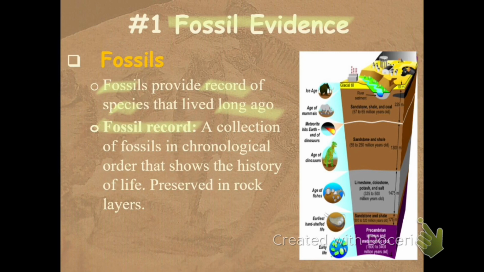The fossil record is a collection of fossils in order. It shows the history of life. And these fossils are preserved in rock layers. So would my oldest fossils be closest to the surface or deepest in the ground? Yeah, they'd have to be deepest in the ground. That kind of just makes sense, right? They were buried a long time ago.